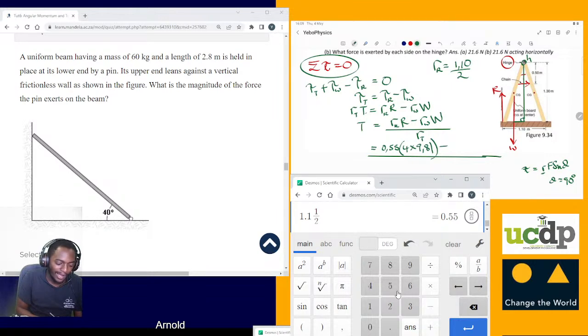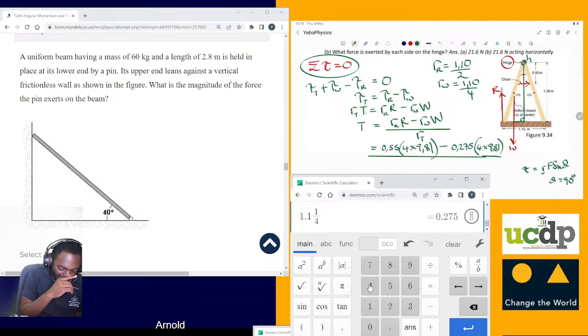So that is actually r_W, which is 1.10 over 4. So it's actually a quarter of the total distance. That becomes 1.10 over 4, that's 0.275 times the weight, W, which is 4 times 9.81 again.